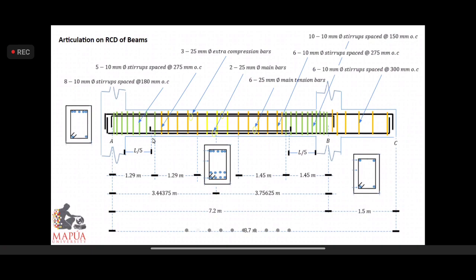For the second intermediate point na 1.29, naalala ninyo, 275 yun ang compute natin doon. Kung i-divide mo sa spacing na 1.29 sa 275, mga 4, 5, mga 5. So, maglagay ka ng stirrups doon. Ang distansya ay 275 millimeter. Mula rito, dito magsisimulang masinsin.